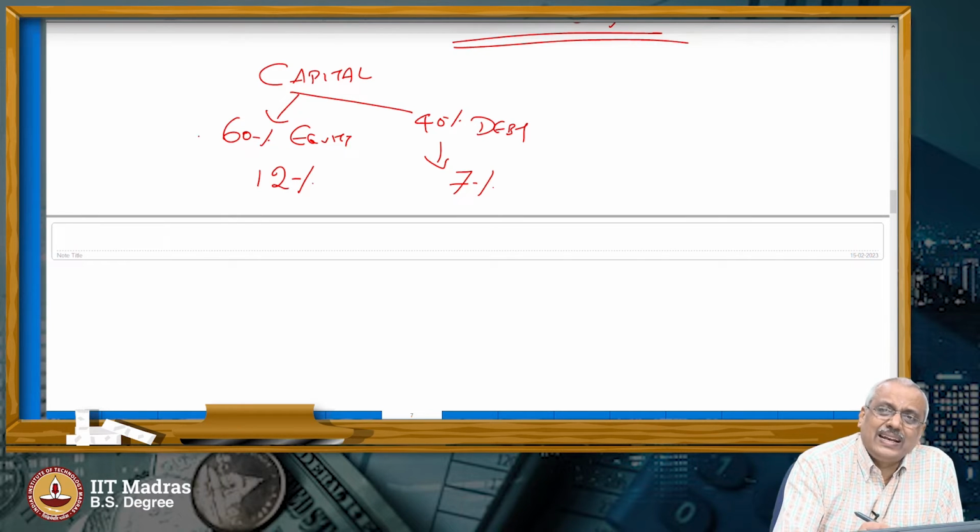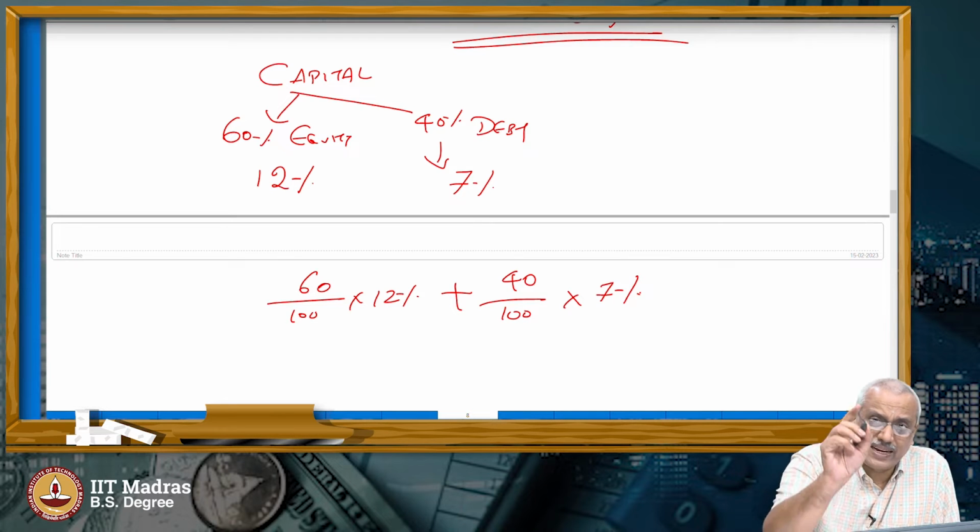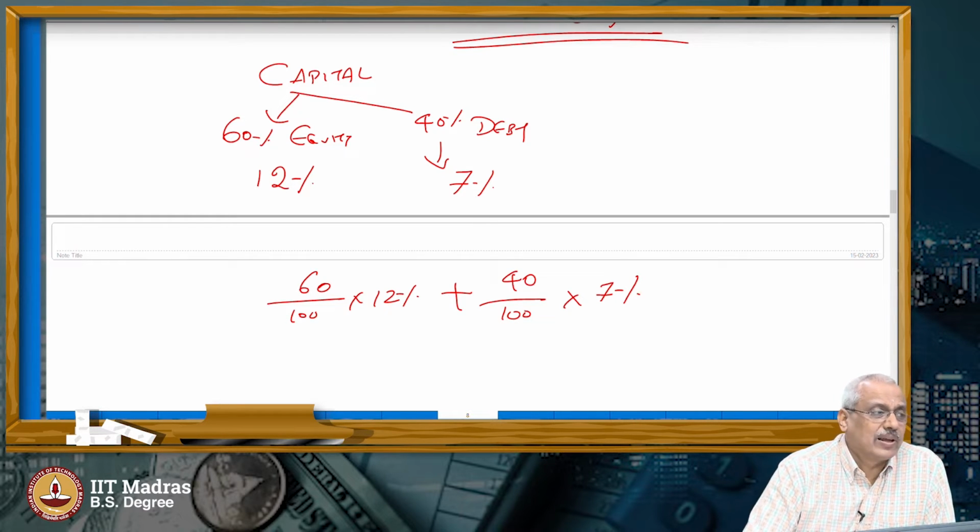That is, it is 60% into 12% plus 40% into 7%, that is basically 60 by 100 into 12% plus 40 by 100 into 7%. I have ignored taxes as of now. Let us not worry about taxes. What is it? 9.8.